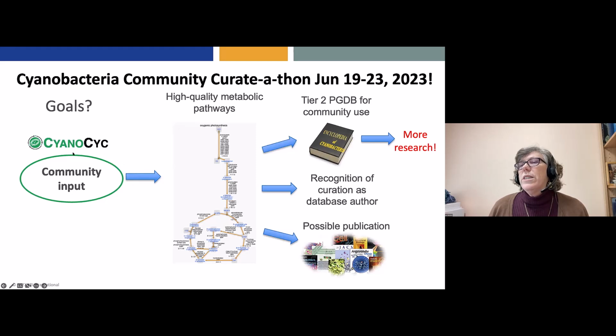We want to have community input into the curation to get high quality metabolic information curated for a cyanobacterium, with the result that we can have a tier 2 PGDB coming out of that, which will be available for community use, and can be used for more research and more understanding of cyanobacteria.